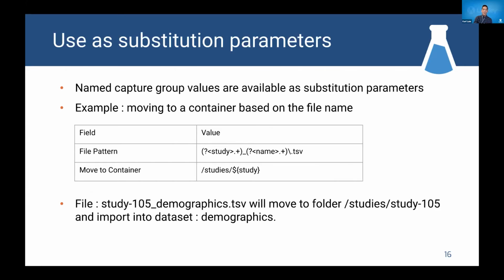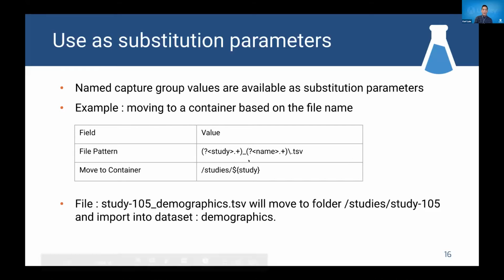Say you have several studies that you want to load data into, but you don't necessarily want to configure a file watcher configuration for each of them. One thing you could do is specify the name of the study or the name of the folder that you're interested in as part of the file pattern in your file watcher trigger.